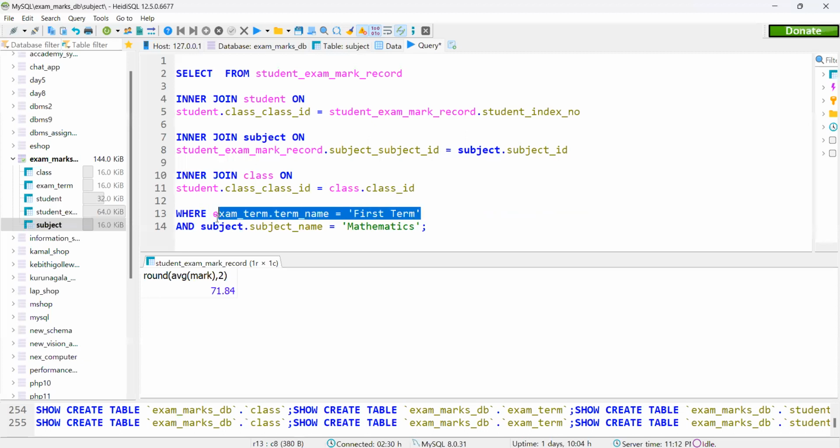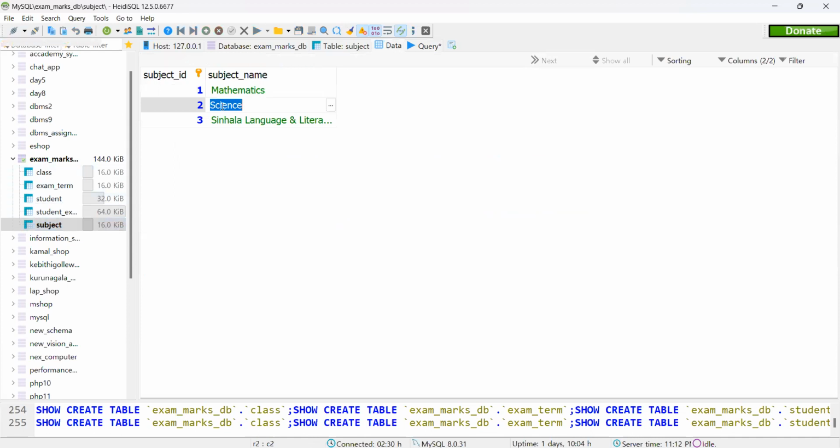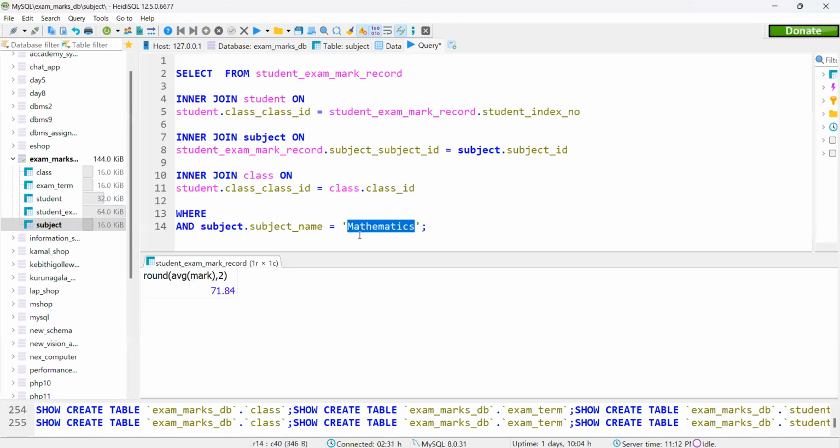All term, subject science, get science subject pass.